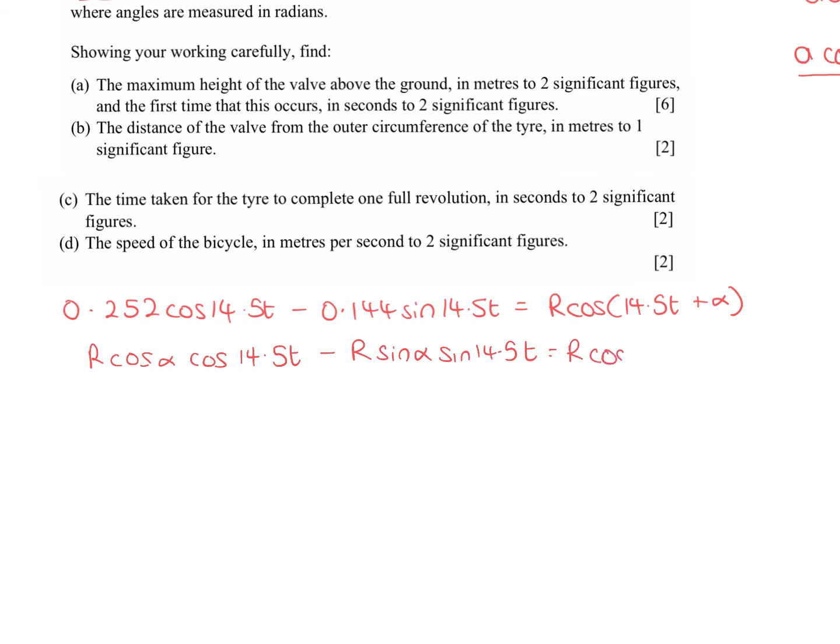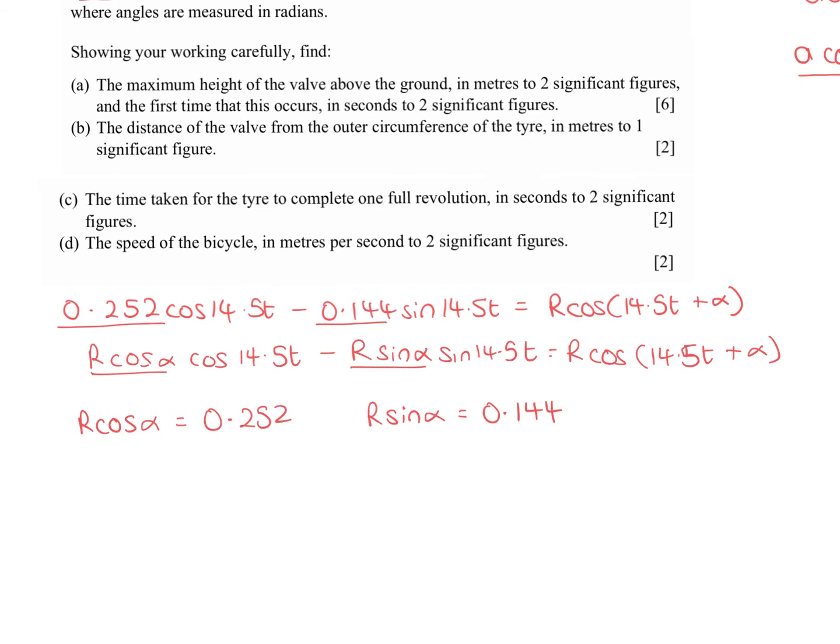That's what I would get if I use the addition formula, the cos(A plus B). So comparing my coefficients, I can see that R cos alpha has to be 0.252 by comparing that with that. And on the other side, this has to be equal to this, so R sine alpha equals 0.144.